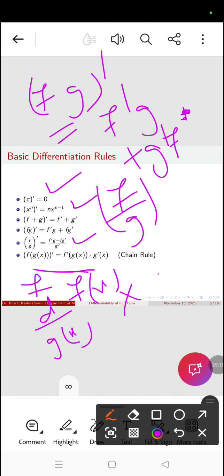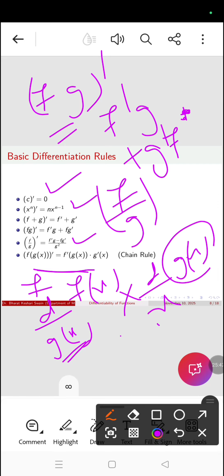Then again we have to differentiate g(x) with respect to x. This is our chain rule, because f is a function of g(x). So directly you cannot differentiate with respect to x. First we differentiate with respect to g(x), then we differentiate g(x) with respect to x. So this is the chain rule.